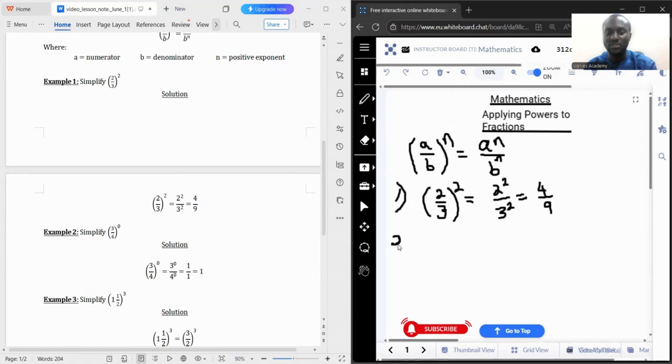Next, we go to example 2, which says simplify 3 over 4 raised to power 0. Applying the rule here, this means 3 raised to power 0 over 4 raised to power 0.